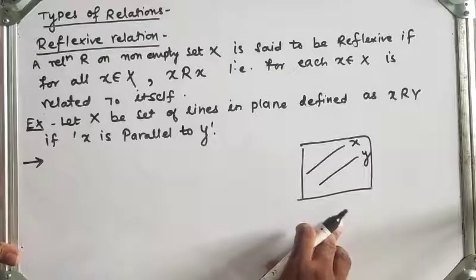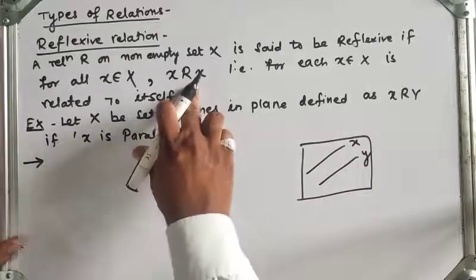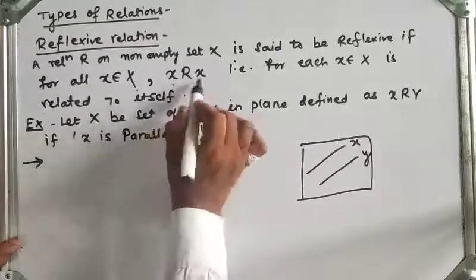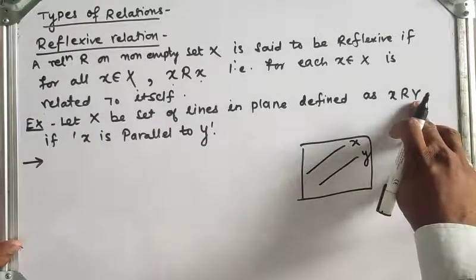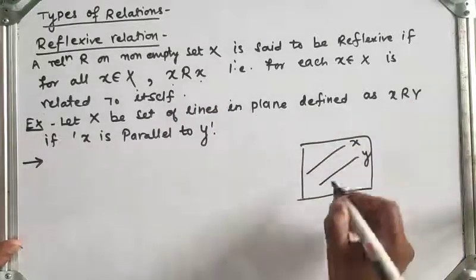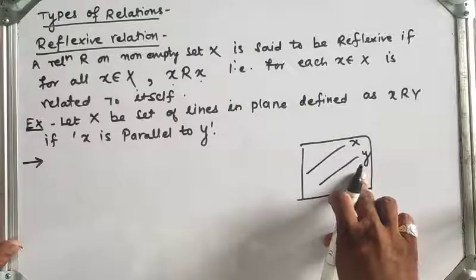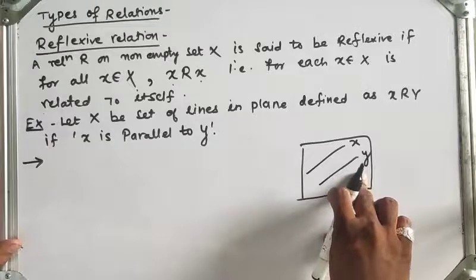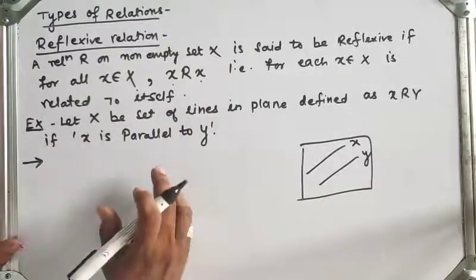But in a reflexive relation we have to define a single element, so here x is related to x. Now we replace y by x. So what will we get? Only a single line, but we know that every line is parallel to itself. Means x is related to x, so this is a reflexive relation.